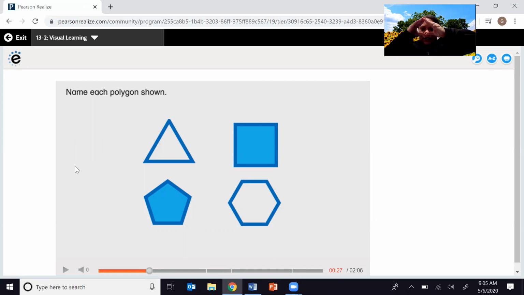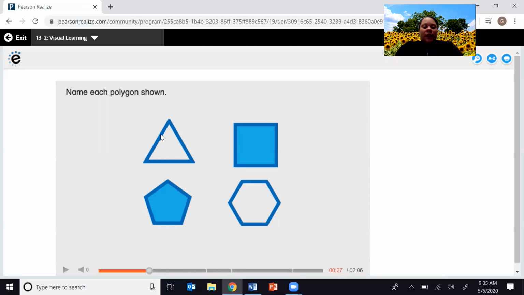This is not a polygon because it's not closed. This square is a polygon. This triangle is a polygon, because it has 3 or more sides and it's closed.